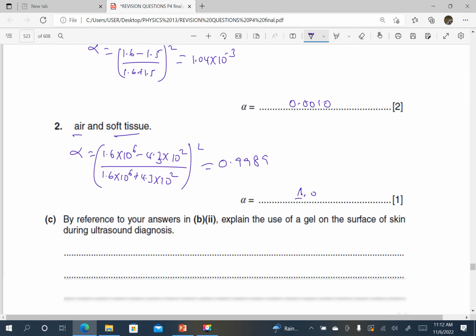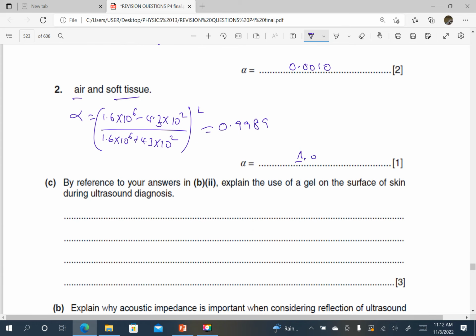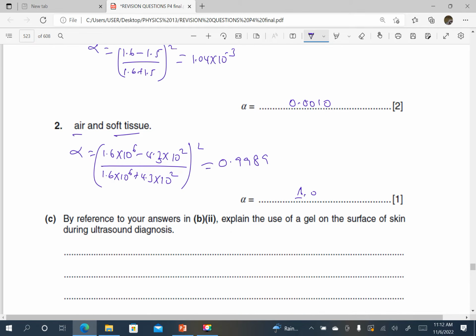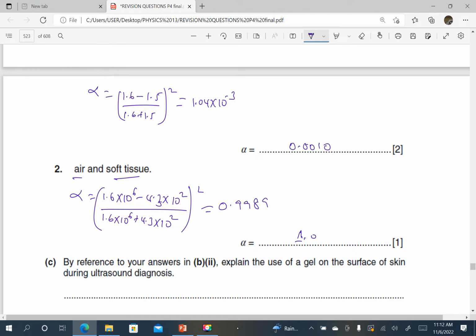Okay. By reference to your answers in B Roman 2, explain the use of a gel on the surface of skin during ultrasound diagnosis. We have seen when there is gel that what is reflected is very small. There is more transmission.